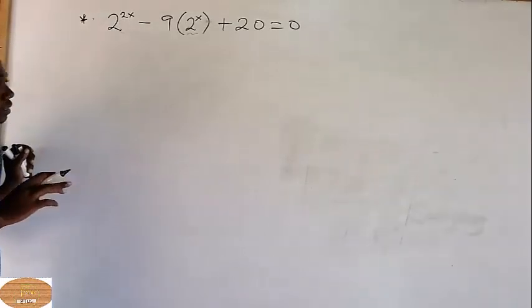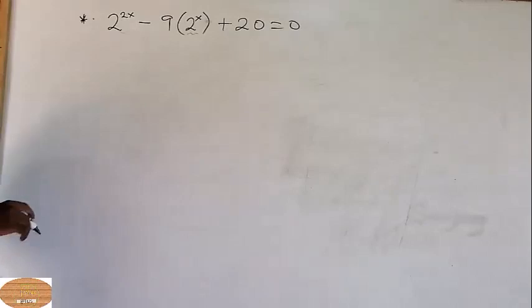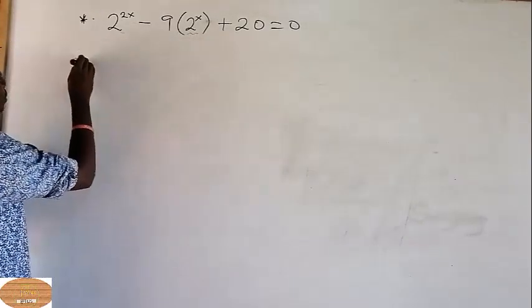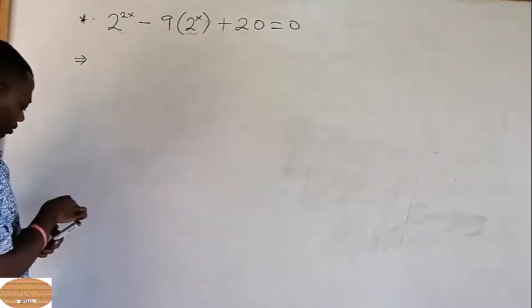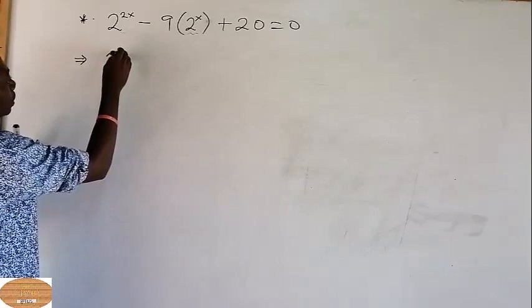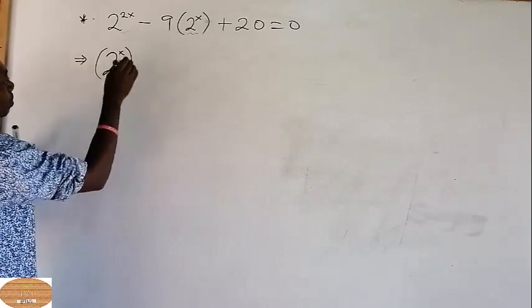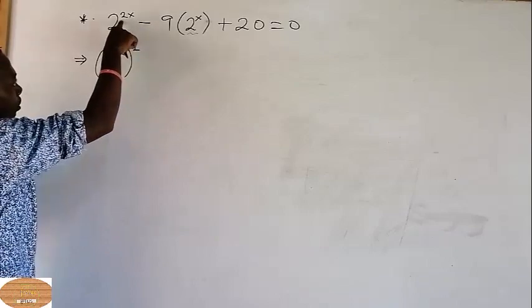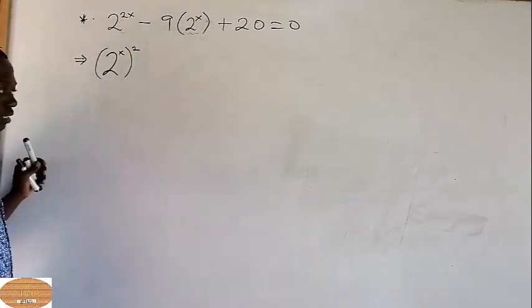So let me teach you something here. So I have 2 to the power x here. So let me write this one as 2 to the power x all to the power 2, because x times 2, you get this one. So I've changed nothing. Alright.